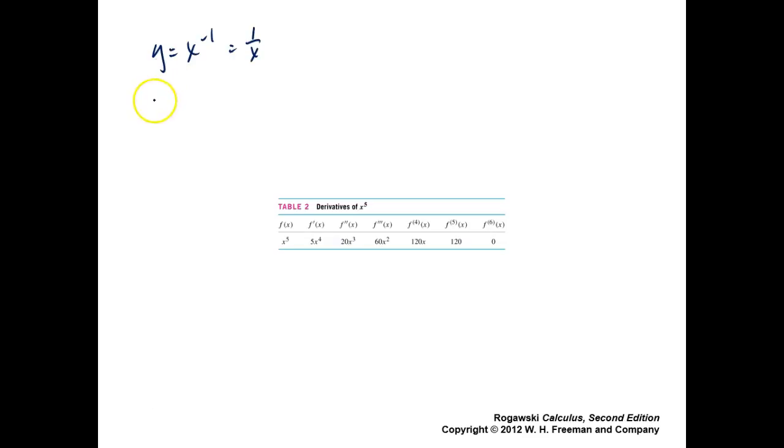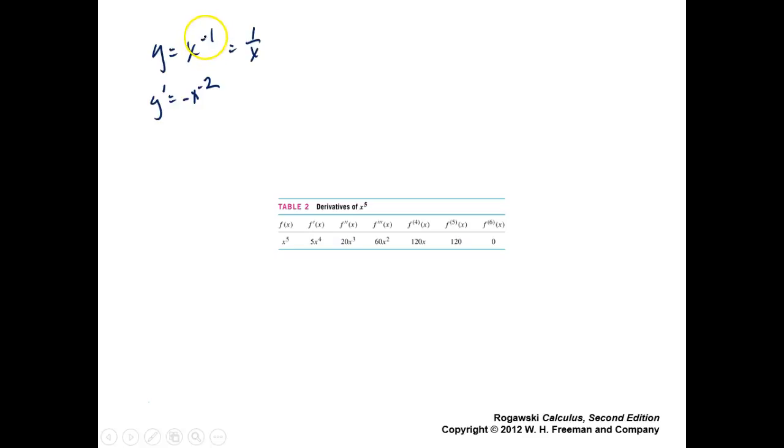Okay? Well, what's the first derivative? Y prime would then be minus 1 times x, that's minus x to the minus 2, because you multiply the exponent by the coefficient. Negative 1 times 1 is minus 1 times the variable to the minus 1 power.